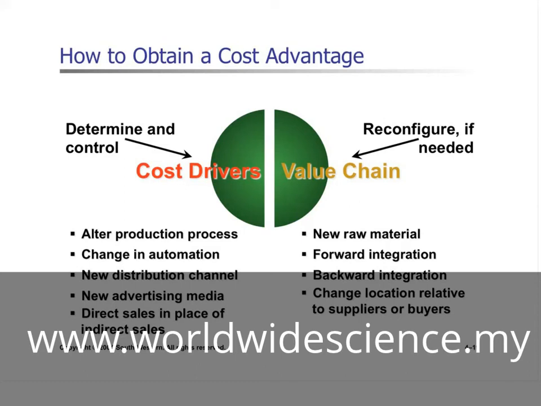Then change in automation. That's very huge, especially in manufacturing. Big companies, it's big time. You are trying to use automation. Technology is actually the driver in the cost. It just reduces the cost as much as possible. A lot of companies are going towards that route and becoming automated, and they don't use that many laborers anymore.